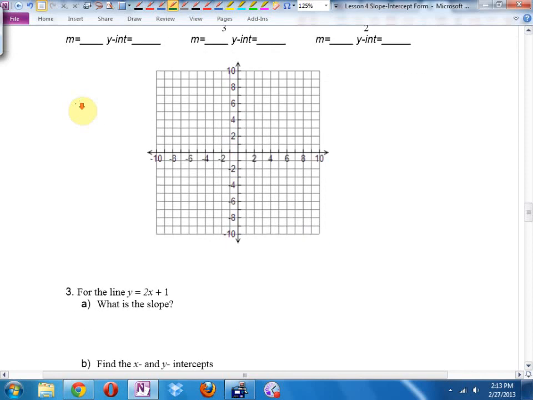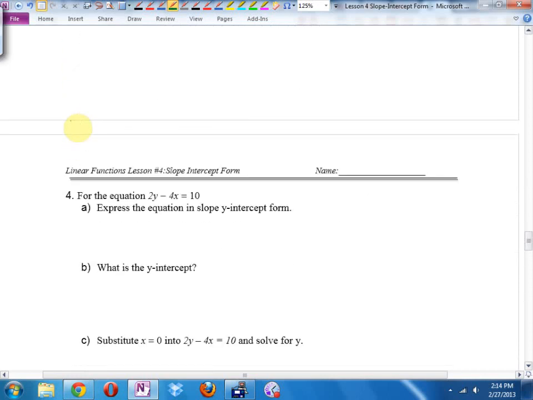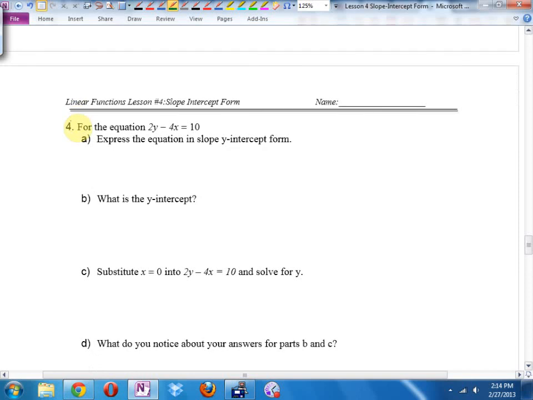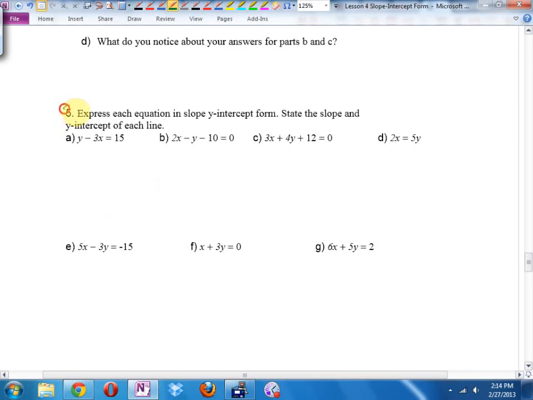Number 2. Three is good. 4, I'm going to say A and B. All right, you need to practice slope-intercept form.